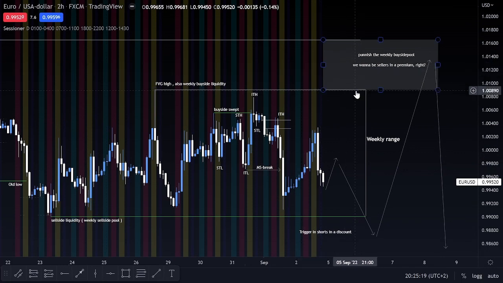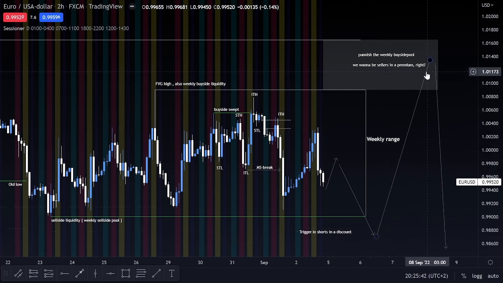We're between here and here. So if I want to get a bearish bias on this market, I want price to trigger this old low here, which is going to give me potentially a bullish bias until we reach up into this region here.